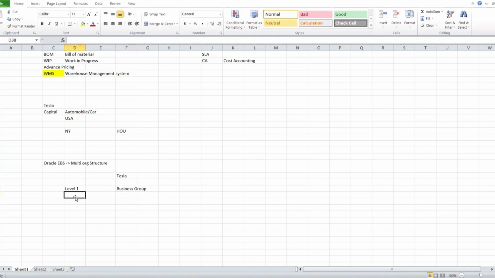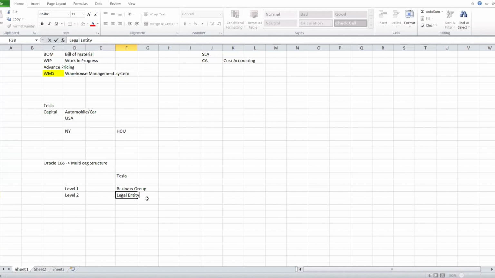Clear? Now level 2: for each and every business group we need a legal entity. So what is a legal entity? When you create a business, you need to create a legal entity, right?